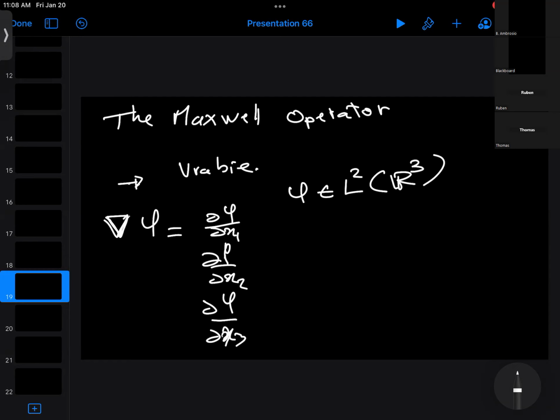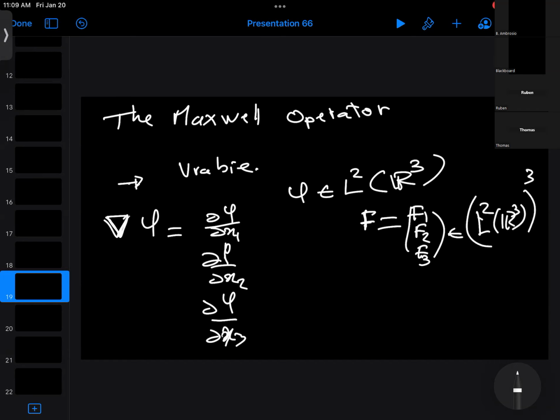Now you have the divergence. So if you have capital F, which is F1, F2, F3, this belongs to L2 of R3 to the power 3, because you have three components, okay?